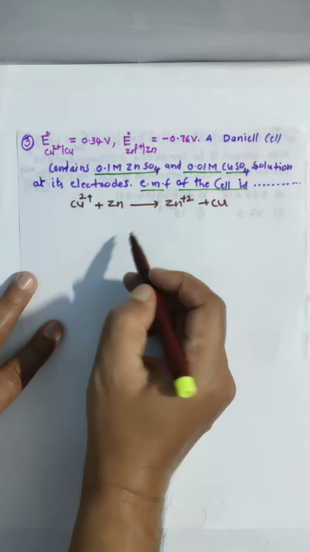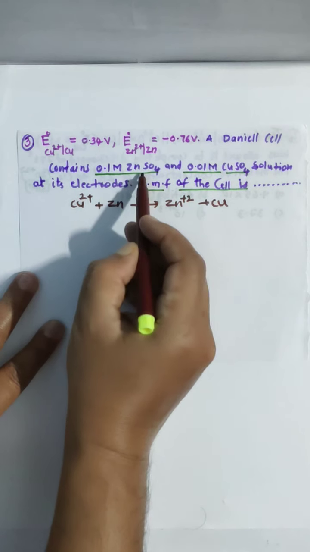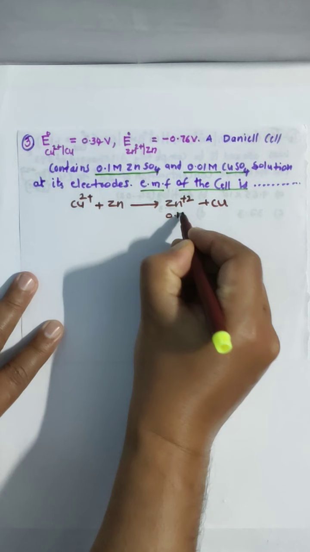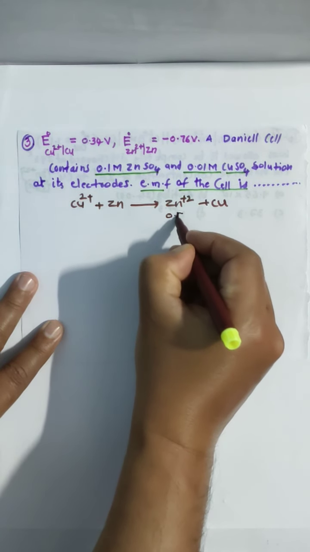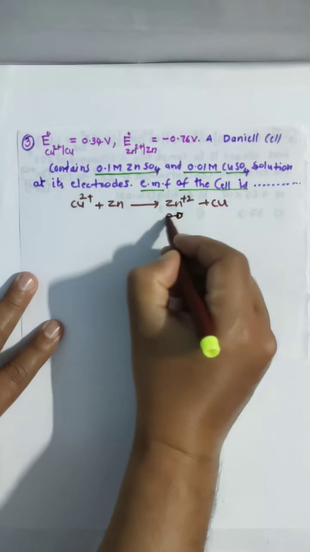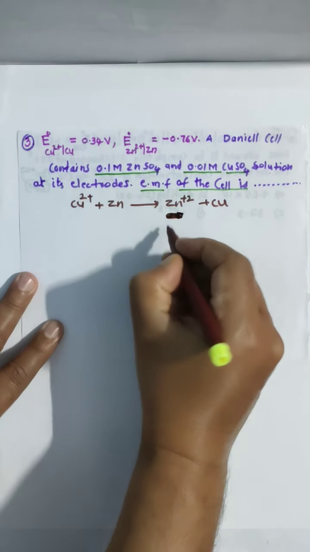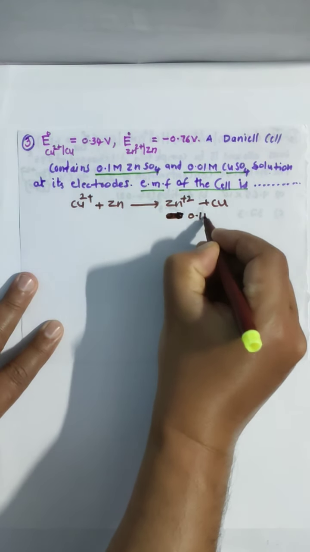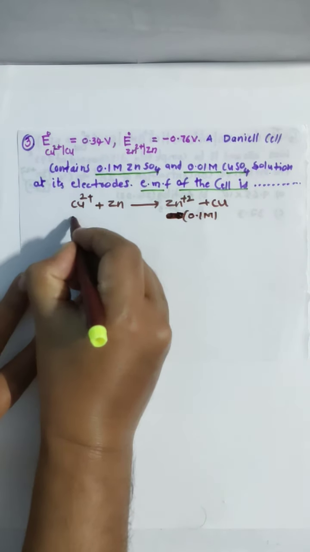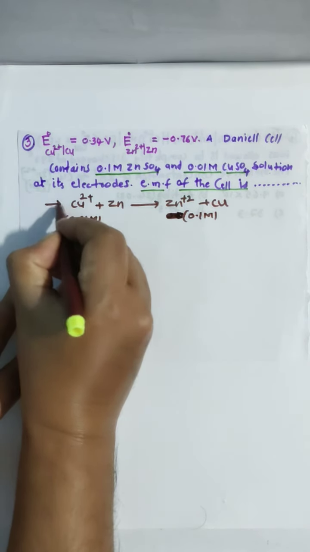Now the concentrations are given. Zinc given here 0.1, so 0.1 molar concentration. Copper, how much is given? 0.01 molar concentration. So we got the concentrations.